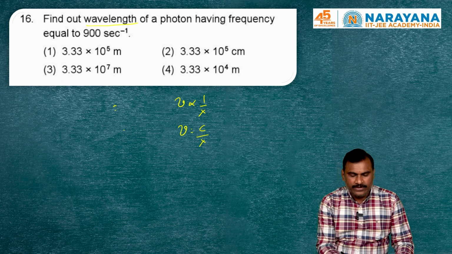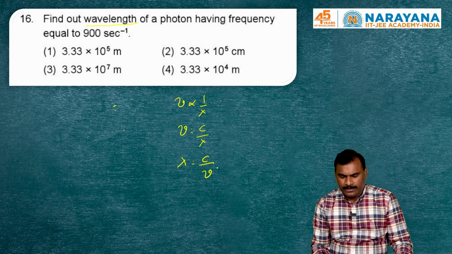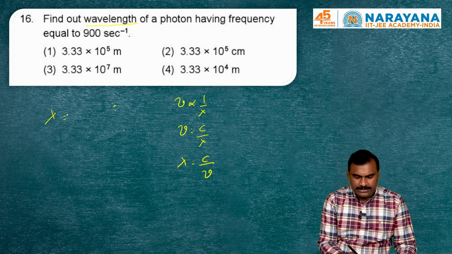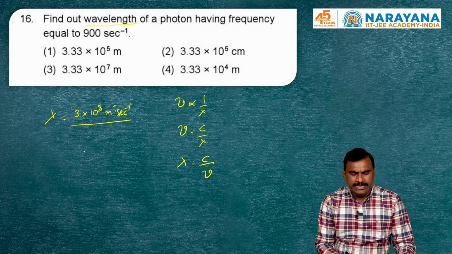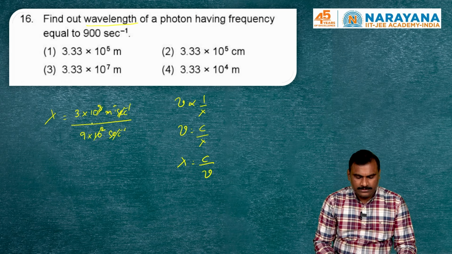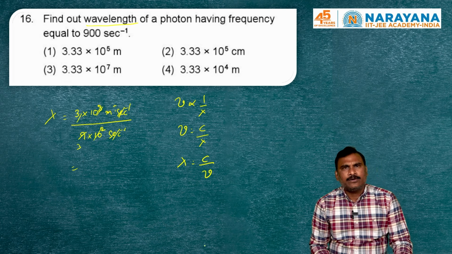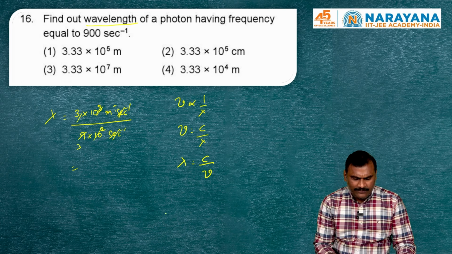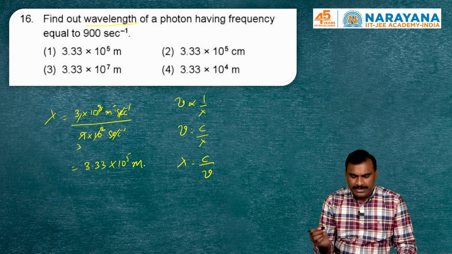What is asked is the wavelength, so wavelength is equal to C by nu. C is 3 into 10 to the power of 8 meter per second, and the frequency given is 9 into 10 to the power of 2 second inverse. That is 3 by 9, 1 by 3, which is 0.33 into 10 to the power of 6. That is 3.33 into 10 to the power of 5 meter.